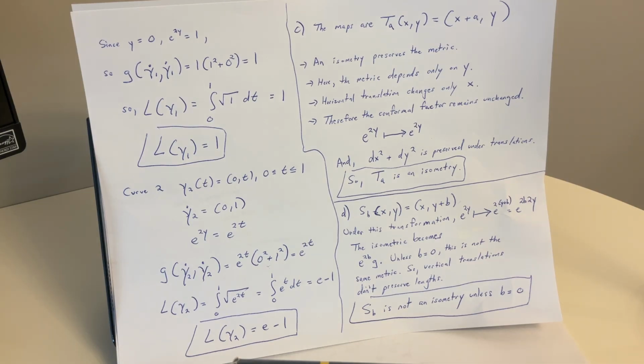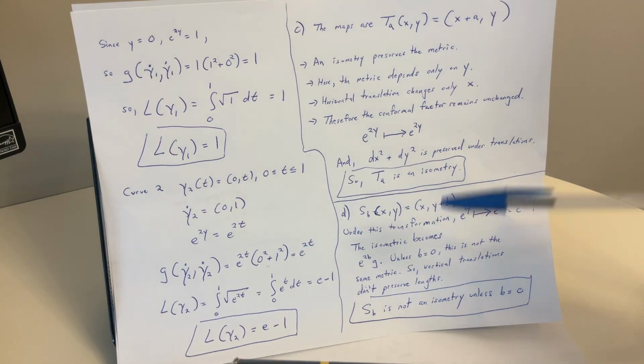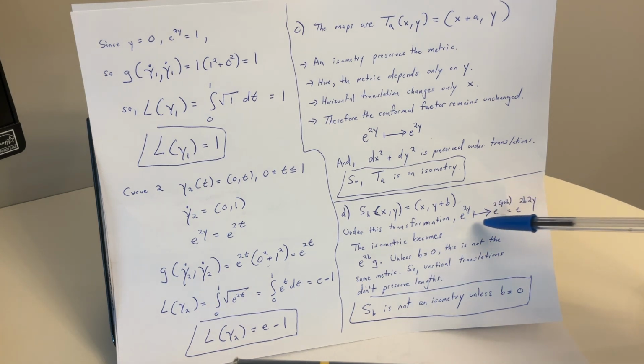Now for part D, vertical. So this is horizontal, now vertical. Part D, S sub b of (x, y) equals (x, y plus b). Under this transformation, e to the 2y becomes e to the 2 times the quantity y plus b, which becomes e to the 2b times e to the 2y.